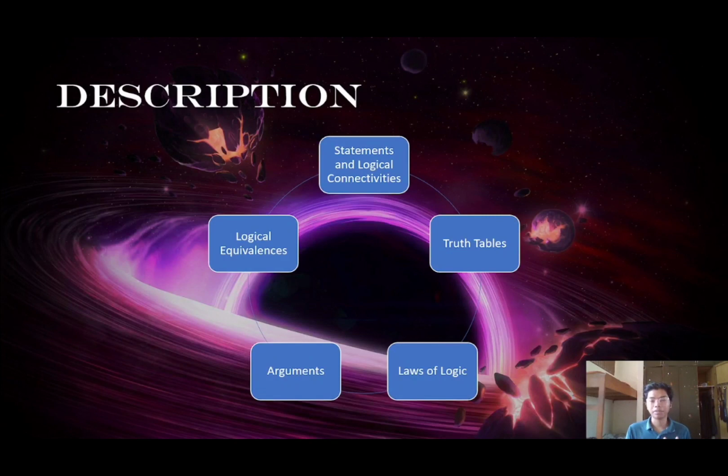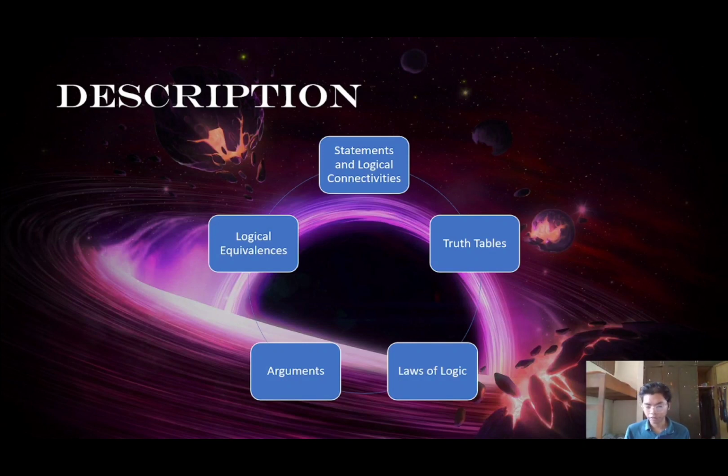What is a statement? A statement or proposition is a declarative sentence that is either true or false and not both. And then we have logical connectives, which are logical operators which are going to be used in the whole topic here.